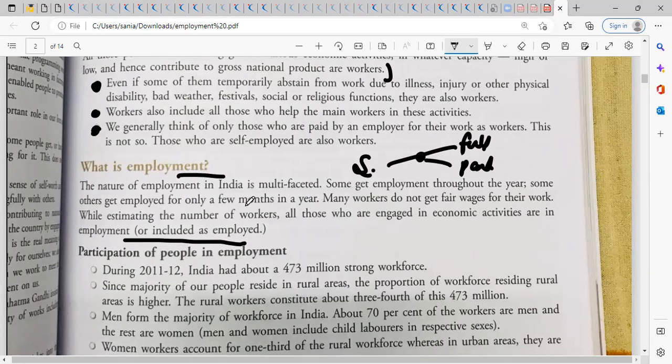All those people will come under this, whether they are full-time, part-time, seasonal, whatever they are. If they are working and engaged in any economic activity, they will be included under employed, and they are known as an employed person, and they are contributing to employment. Clear? Getting the employment point?